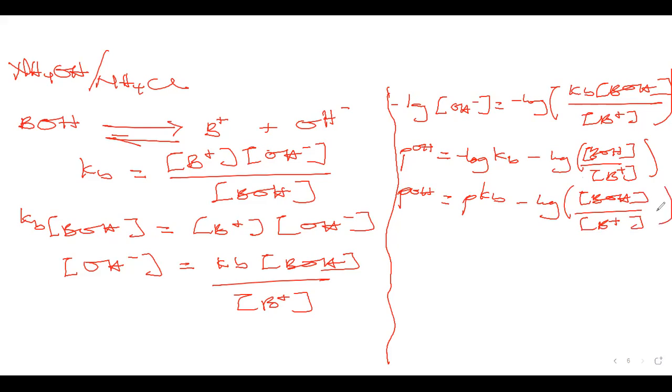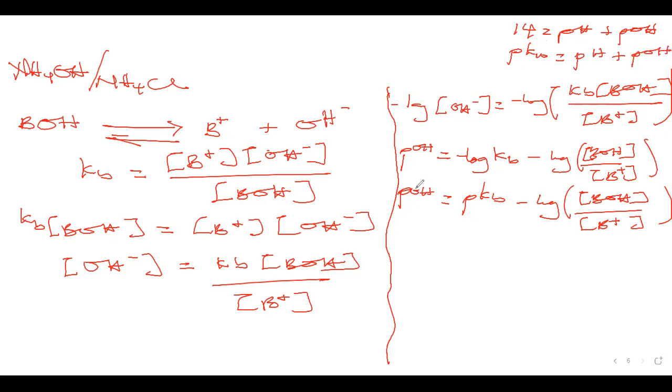But we want to find pH. It means that we have to find a way of converting this pOH into pH. But we know that 14 is equal to pH plus pOH, or in other words, what we call pKw, the ionic product of water. It's the same as pH plus pOH.